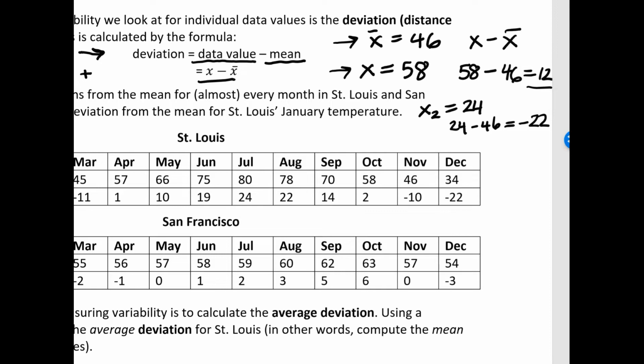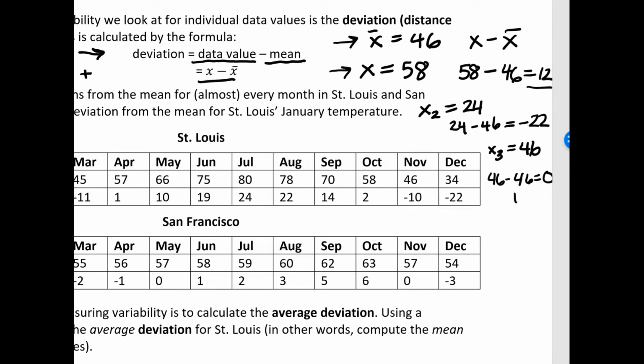And finally, let's say that I have another one that's 46. I have an actual data value of 46 in this set. Well, the deviation between 46 and 46 is nothing, right?